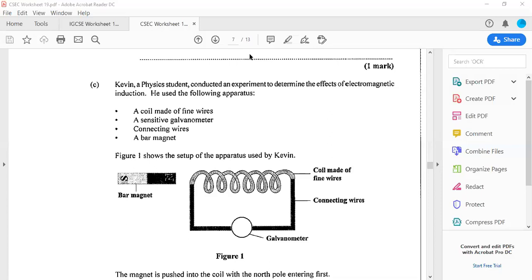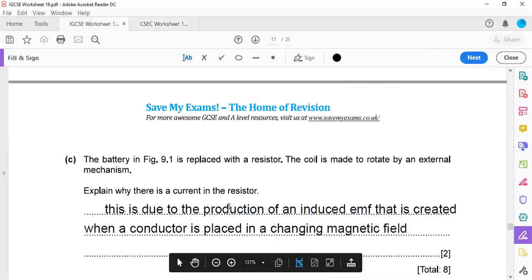And because of that, this is due to the production of an induced EMF that is created when a conductor is placed in a changing magnetic field of flux. Good. Everybody okay with this answer? This is basically electromagnetic induction, the definition.